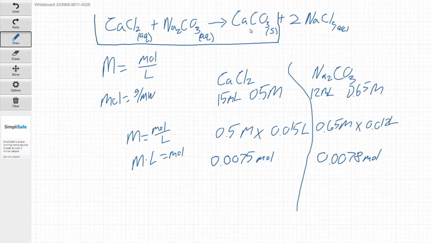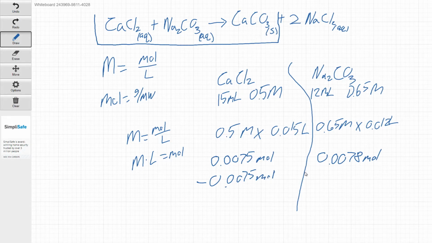Now you guys can see, if we have both of these amounts, I'm going to use all the calcium chloride up. So if we reacted all this up, it's going to be minus 0.0075 moles. That means I would have produced 0.0075 moles of calcium carbonate.